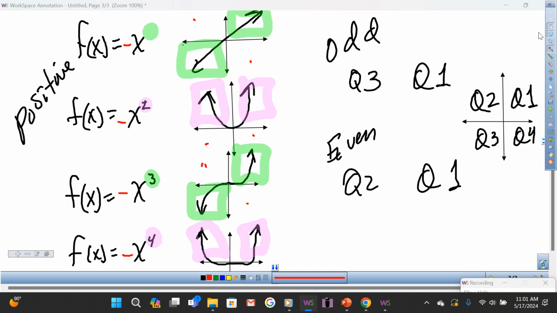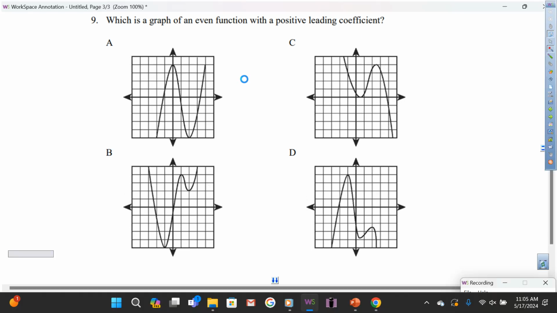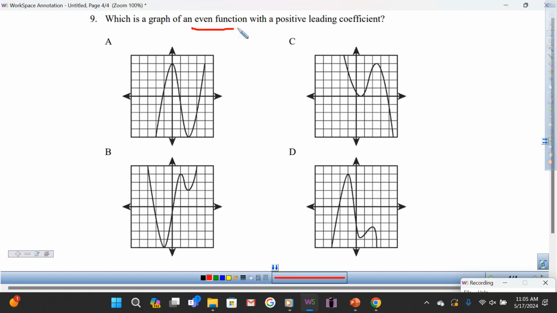With that said, look up to the screen. Number 9 reads, which is the graph of an even function? If it's an even function, where does it start and where does it end? What quadrant?